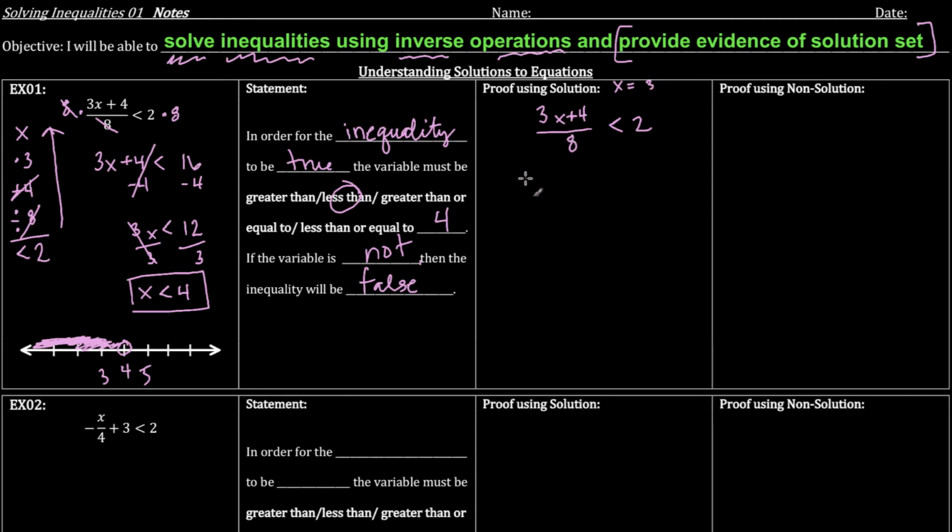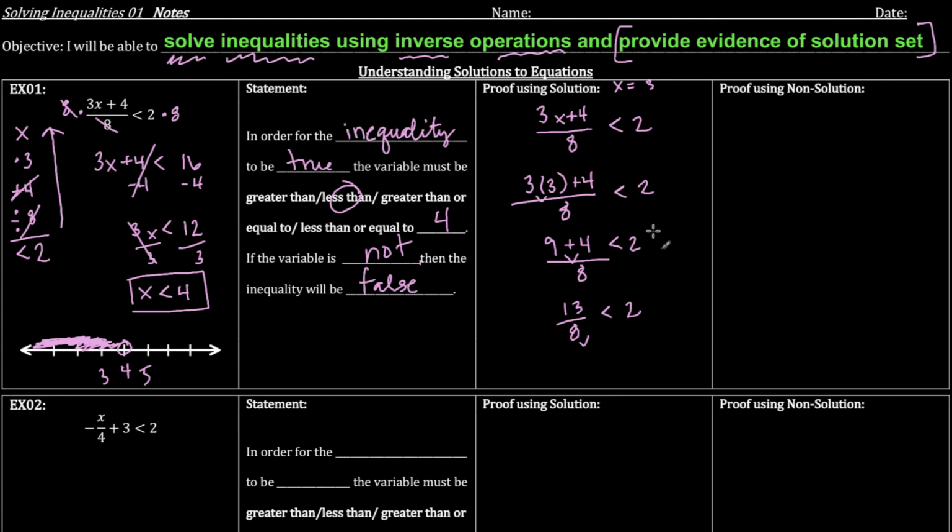So instead of 3 times x, we write 3 times 3 plus 4 over 8 less than 2. 3 times 3 is 9. 9 plus 4 over 8. So 9 plus 4 is 13. And 13 over 8 should be less than 2.